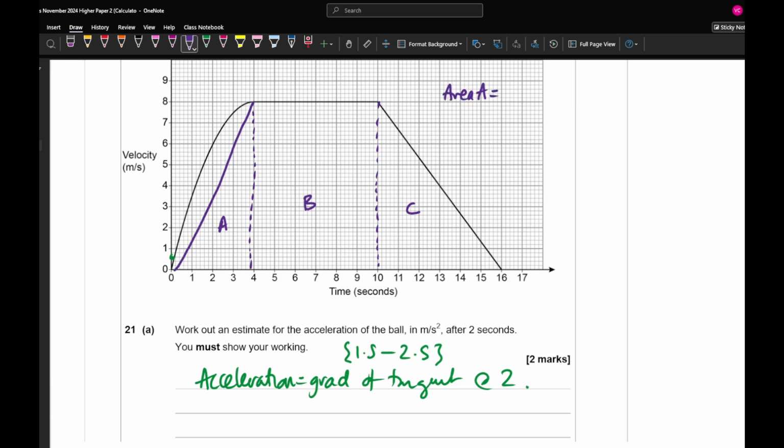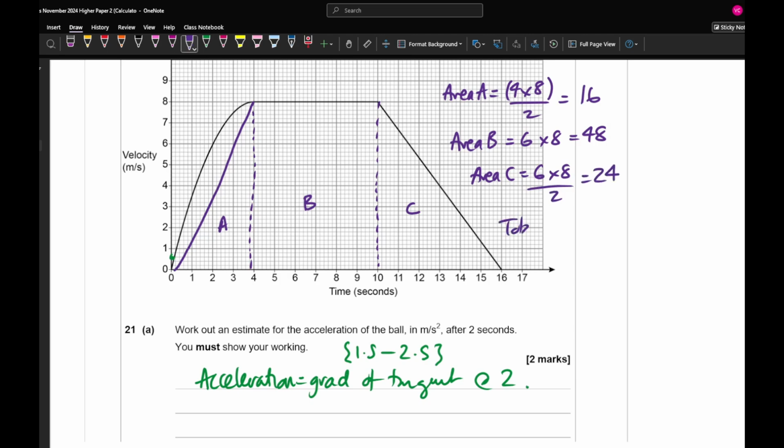then area A, which is a triangle, is going to be 4 times 8 divided by 2, which gives me an area of 16. And then area B, which is a rectangle, has a base of 6 and a height of 8, so that's going to be 48. And the area of C, which is a triangle with a base of 6 and a height of 8, divided by 2 gives me an area of 24.